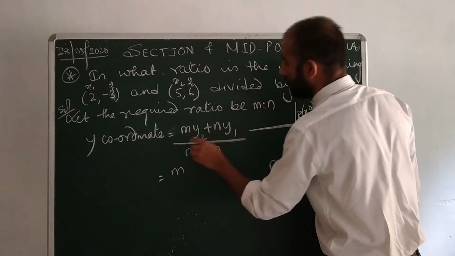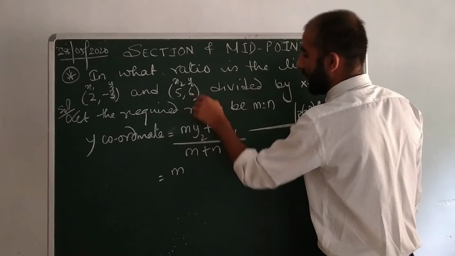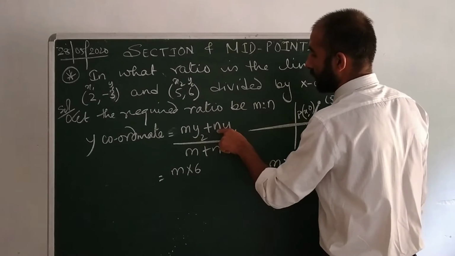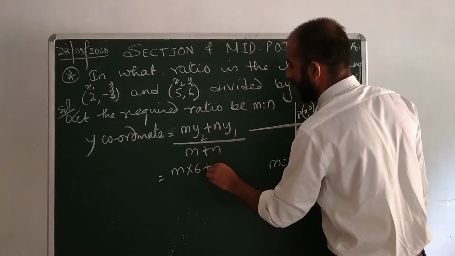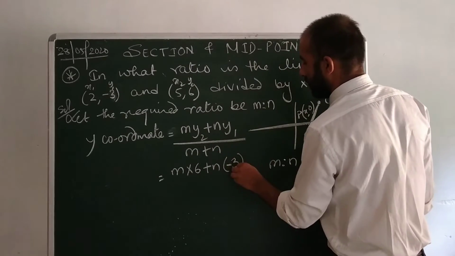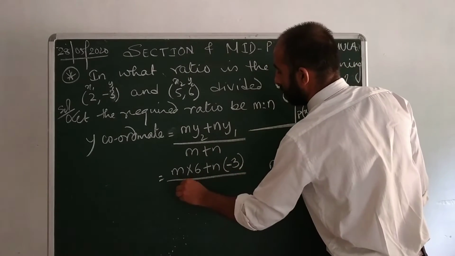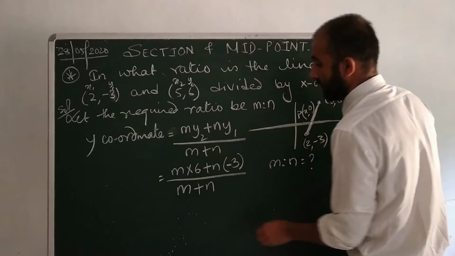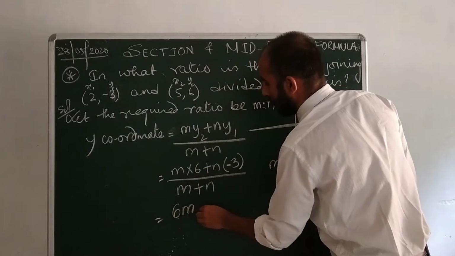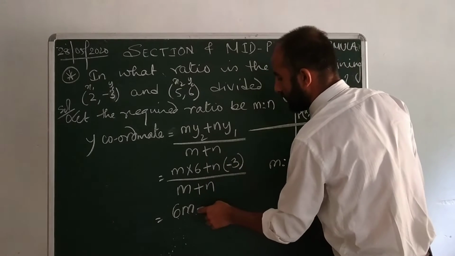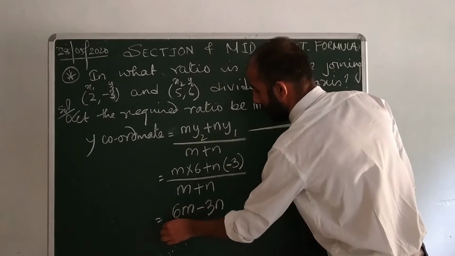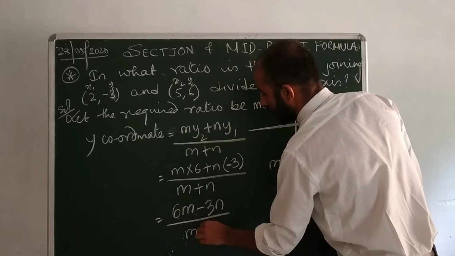M will remain m. Y2 we have got 6. Similarly, n we have got n only. Y1 we have got minus 3, by m plus n. So m into 6, 6m, plus n into minus 3, minus 3n, by m plus n.